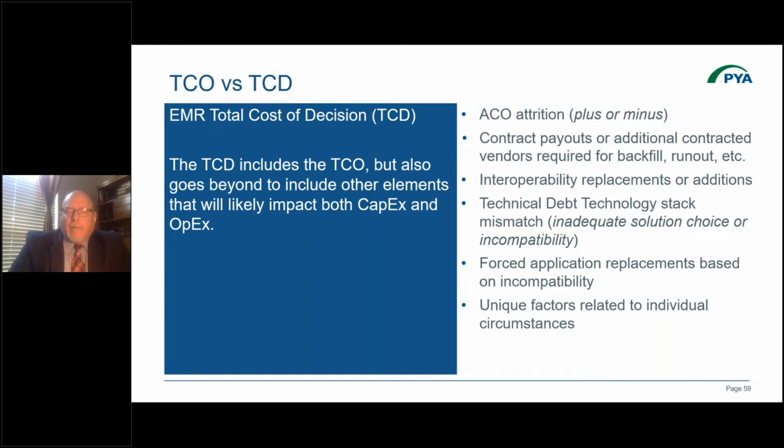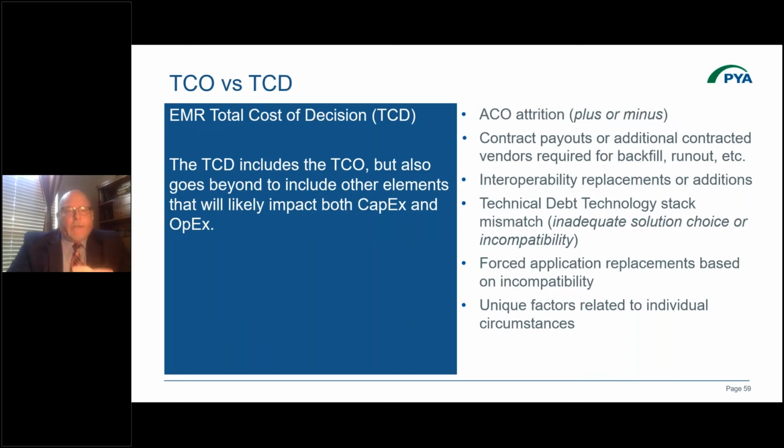After they made their decision and signed their contract, some of their ACO participants said, well, if you're going to go that direction, the university system across town is going to go this direction, and that's the direction we want to go. So we're going to pull out of the ACO and participate with them. All of a sudden, there was a big drop in their ACO participation based on their technology decisions around a particular application. Contract payouts, additional vendors required to backfill.